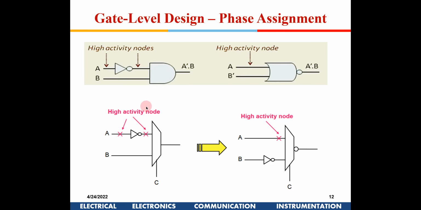The extra switching of an inverter may occur inside? No, see, this may not happen, because this inverter is outside the mux. So A will be passed through a simple mux with an NMOS which is controlled by the C input.